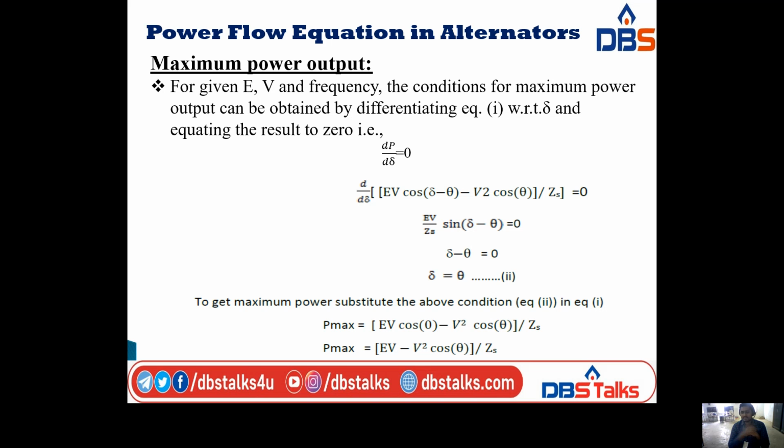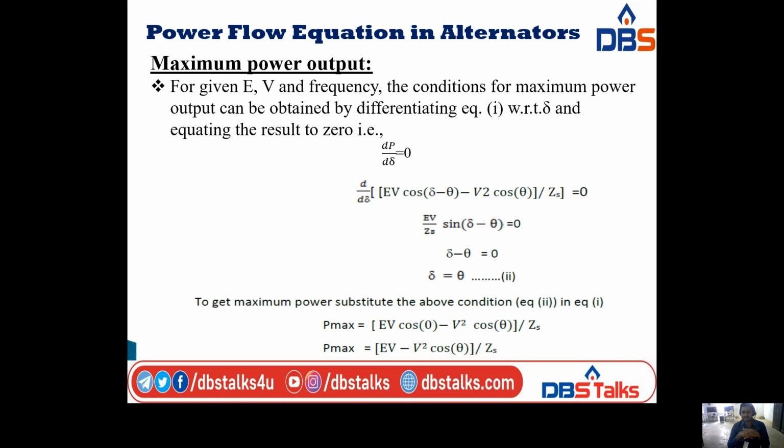So what is equation number 1? EV cos of delta minus theta minus V square cos of theta by Zs. In that equation, in the place of delta, we replace with theta. After that, P maximum is equal to EV cos of theta minus theta, that is 0, so EV cos of 0 minus V square cos of theta by Zs.